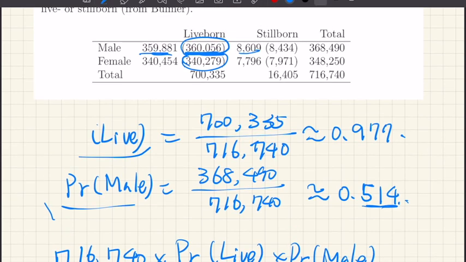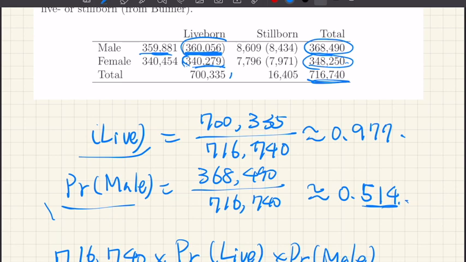So how many data did we use? We needed this number and this number, right? By the way, in order to calculate the values for females, we need this number and this number, but they are not independent, because we know the total value. Once we know the number of males, we can automatically infer the number of females, so this doesn't count.